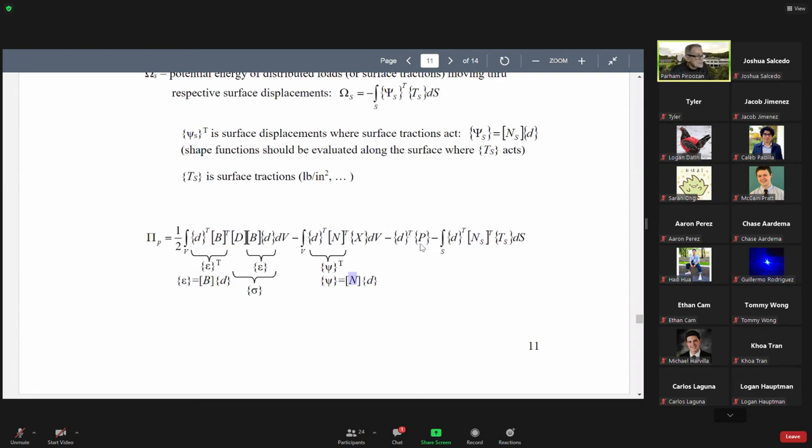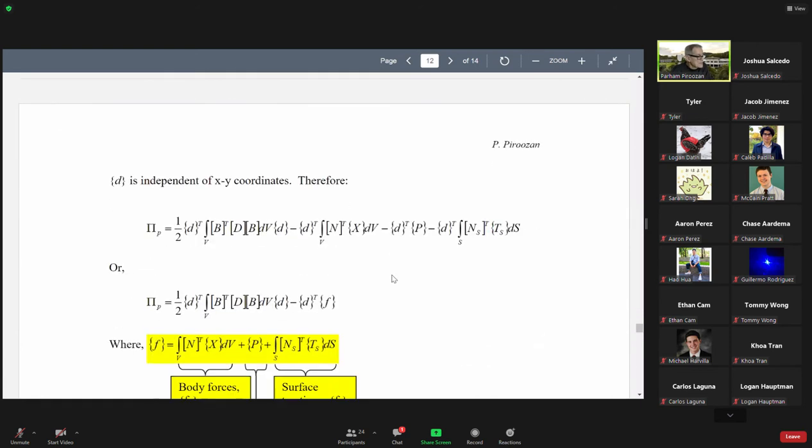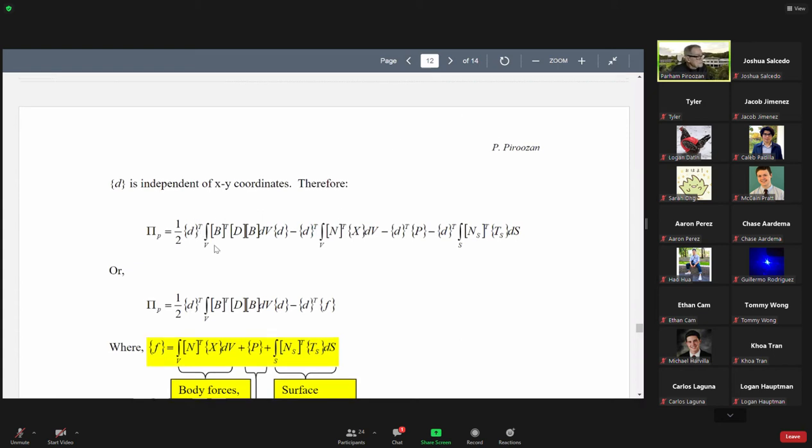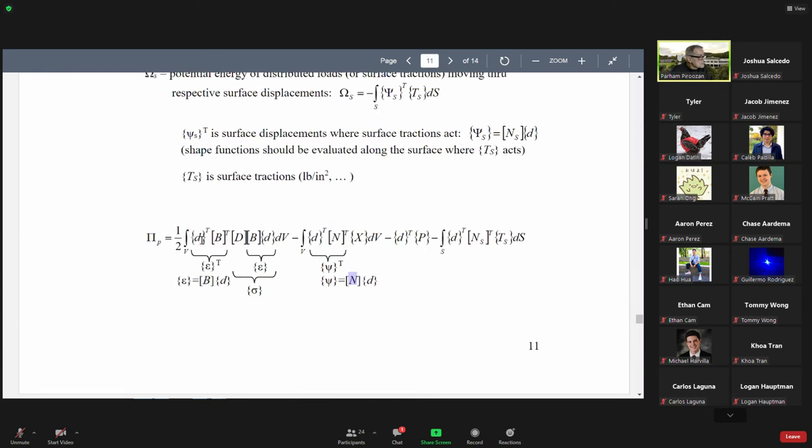This is due to nodal concentrated forces. This is the same as this one, but here this is traction, surface forces. Integrate over surface here is dS. And then here, this is D transpose, D transpose, D transpose.